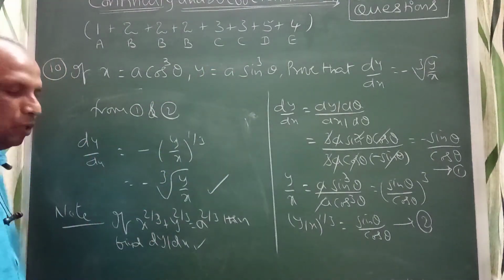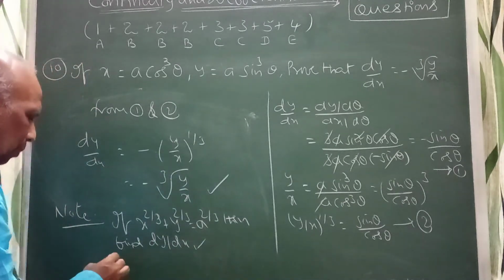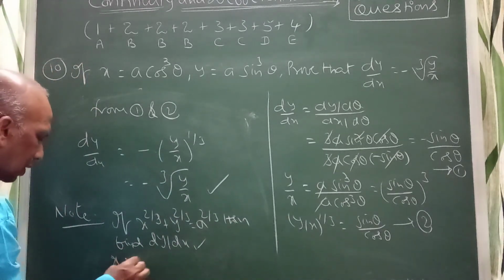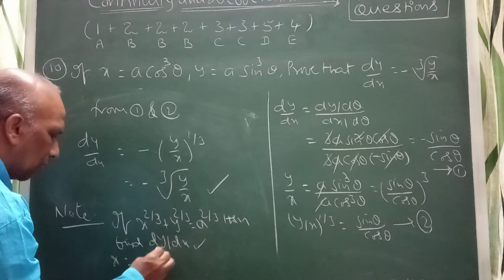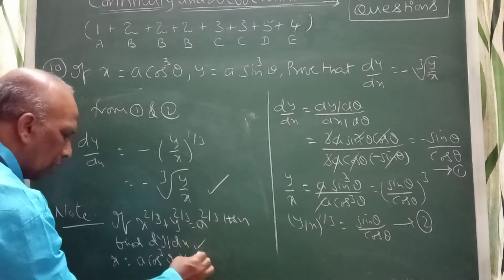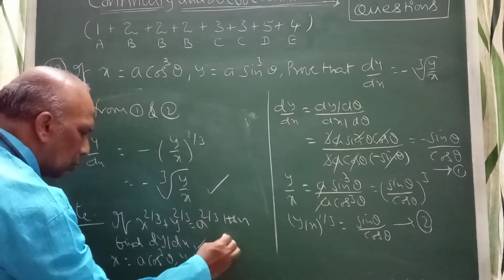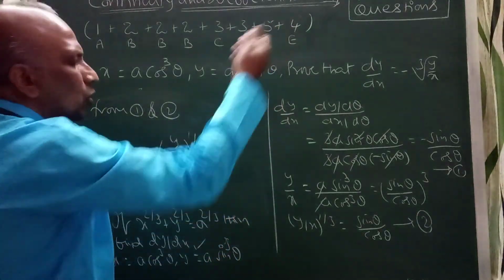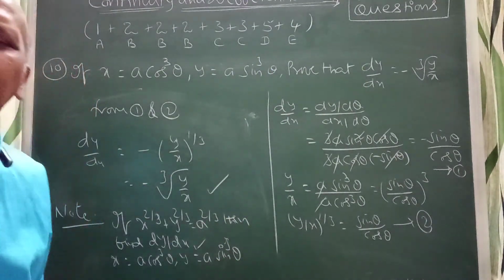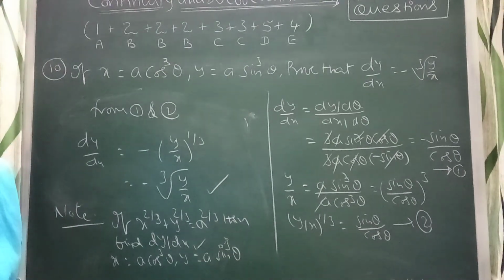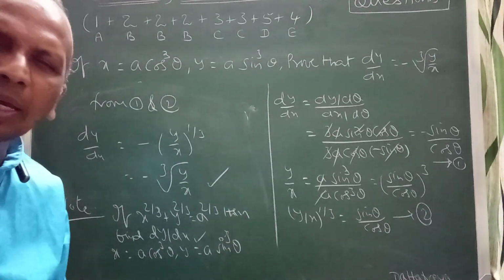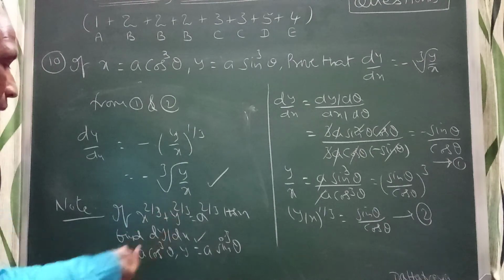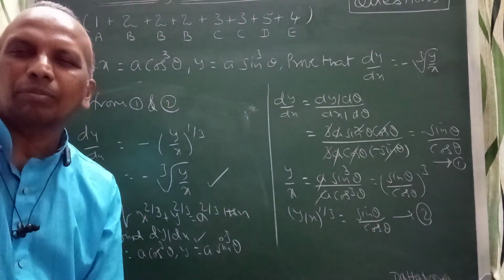You can solve this problem. That is what I am telling. So that's the purpose for which I have given this note. Suppose they ask a problem like this, you consider this and do the same thing.